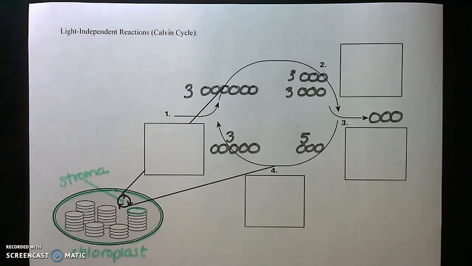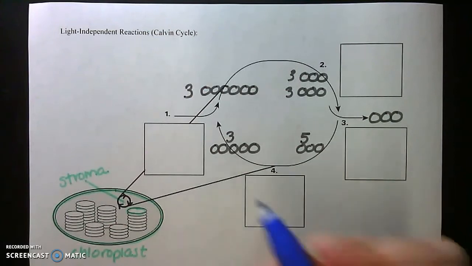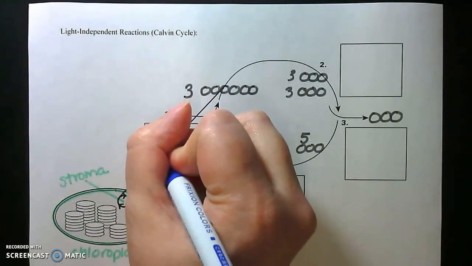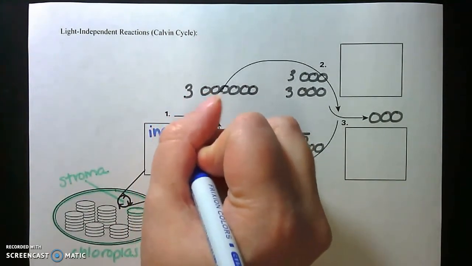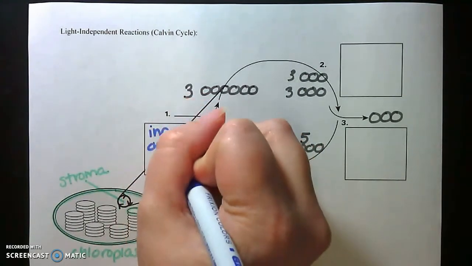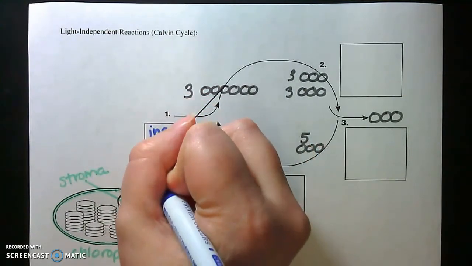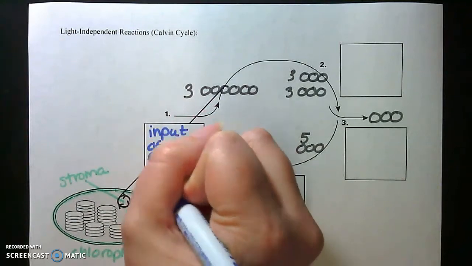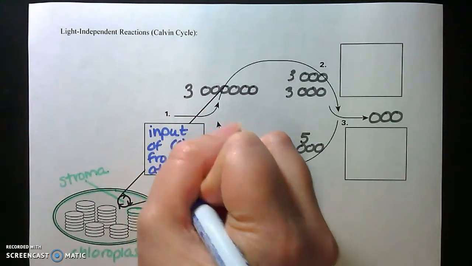Now, our first step here is we have to have the input of carbon, because the reactants of photosynthesis, remember, include carbon dioxide. Carbon dioxide was not used in the light-dependent reactions. So here we have the input of CO2, and that is coming from the atmosphere.